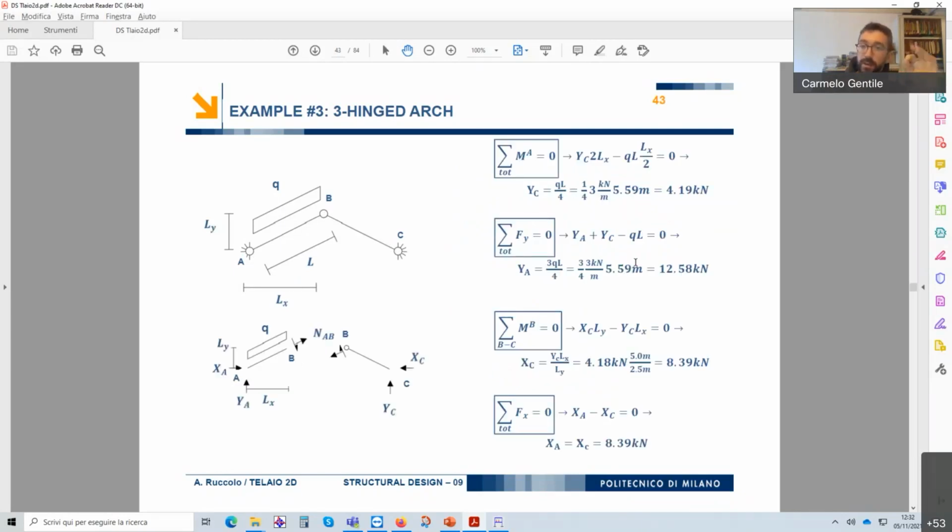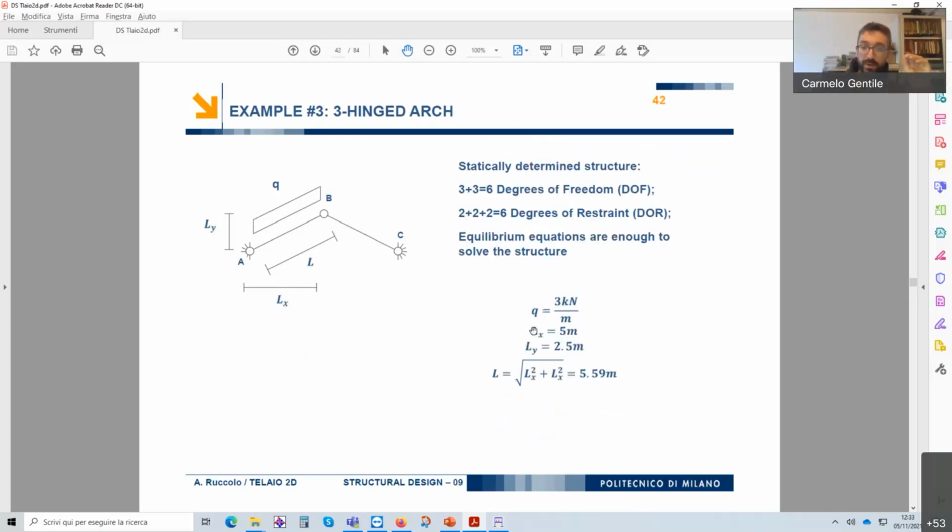Now let's see how we should solve this structure. The resolution is quite simple. It's not that tough, but obviously requires a lot of computation. And since we're talking about a structure in the plane, we also need to know the exact position of the points in the structure.